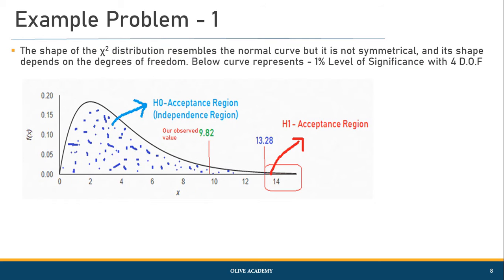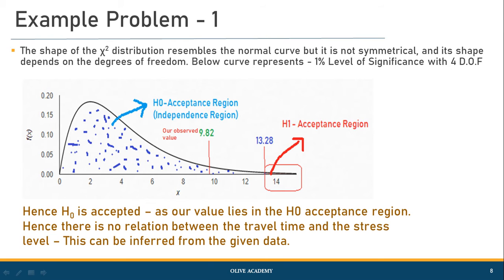Now, based on the previous video, at 1% level of significance, we know that 13.82 is the chi-square table value, and since our observed value is 9.82, which is lesser than this, because the whole region lesser than 13.82 is always the H naught acceptance region.